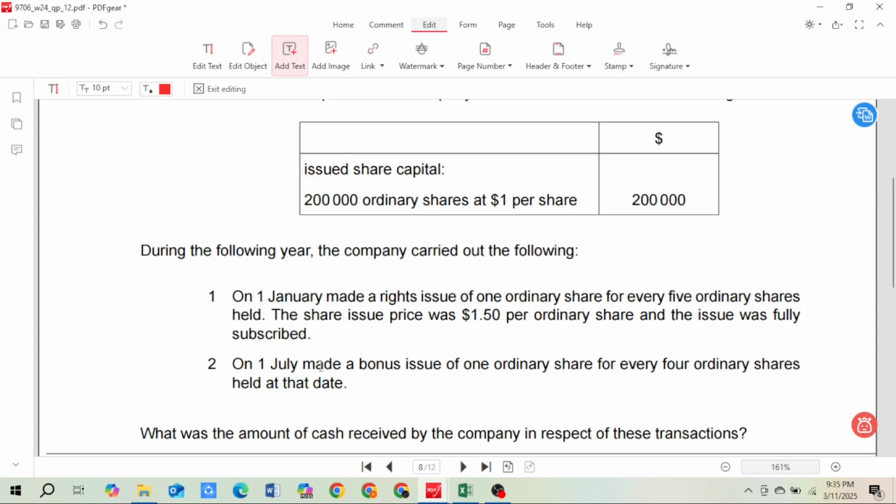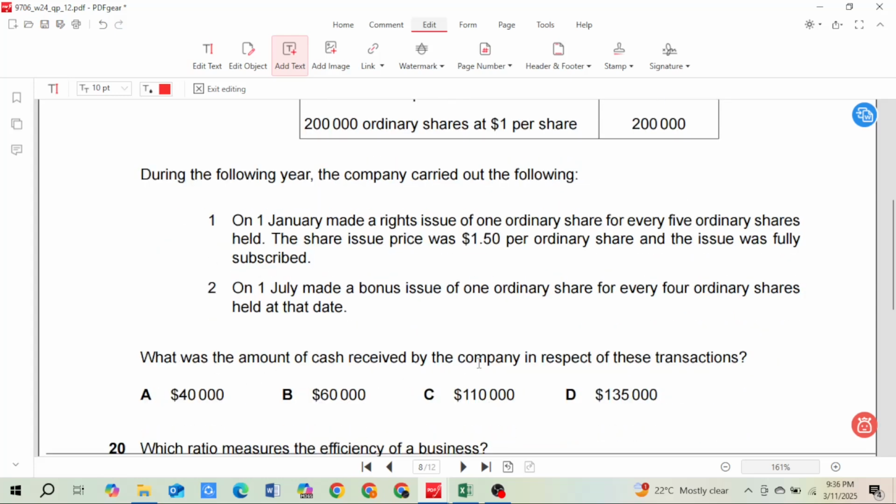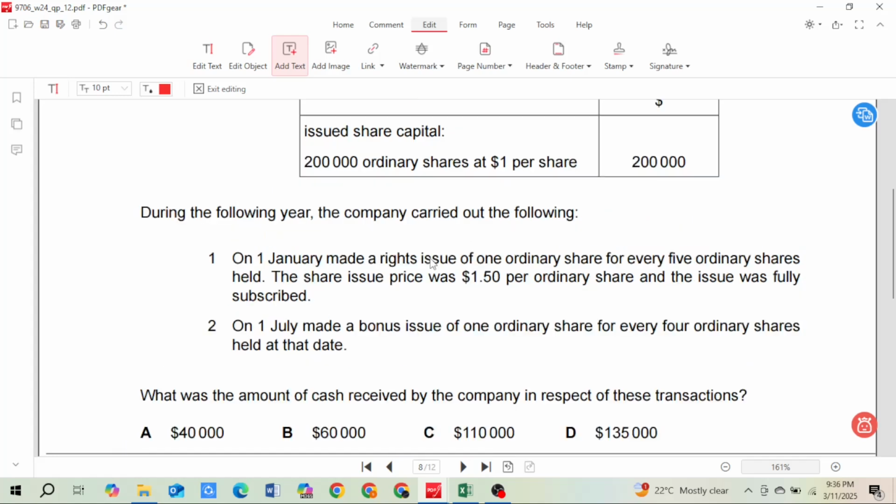Second, on 1st July, made a bonus issue of 1 ordinary share for every 4 ordinary shares held at that date. So after issuing the rights shares, however many shares we have, on those shares we give bonus shares, 1 for every 4 ordinary shares held. Question is, what was the amount of cash received by the company in respect of this transaction? So first, let's calculate how many shares we are giving. The company had 200,000 shares. In this, the company decided to give 1 share for every 5 ordinary shares held.